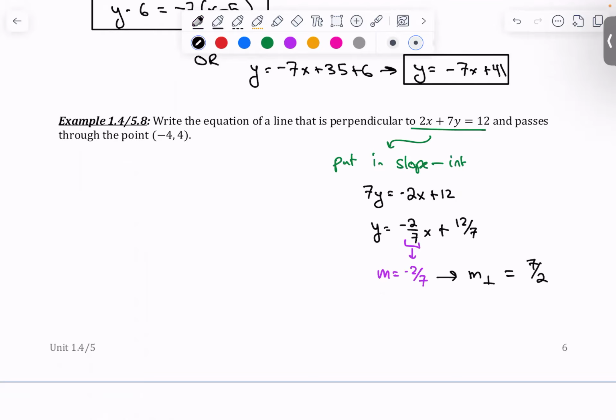Opposite reciprocal: the first slope was negative, our resulting slope will be positive, and we flip the fraction. That's why we got 7/2. So we have the slope, we have a point, we have everything we need.